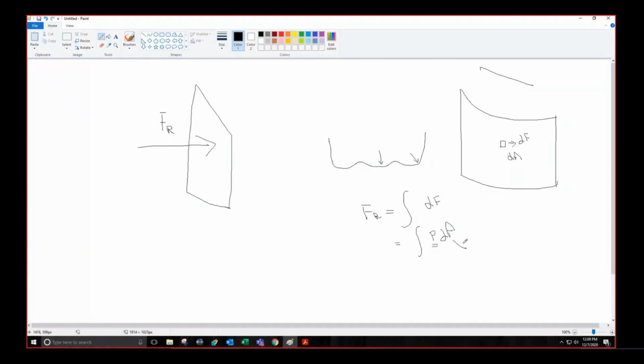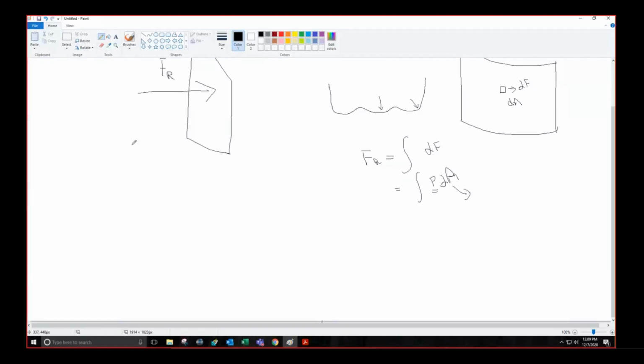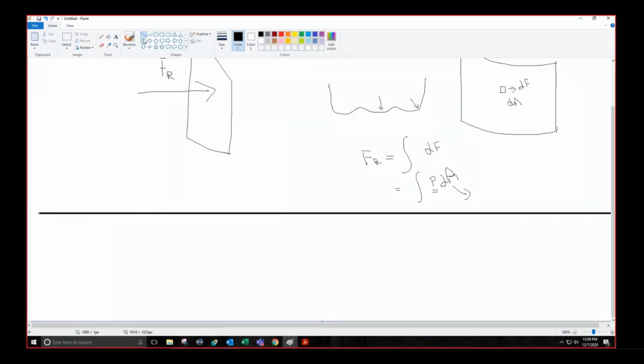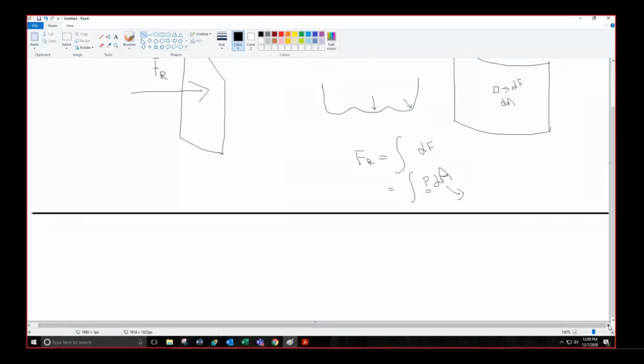But this dA integral will not be that simple for a curved surface. That's going to be too complex for the curved surface. So instead of doing this, we simplify our problem. What we do is we consider the curved surface as a planar surface, or its projection as planar projections.